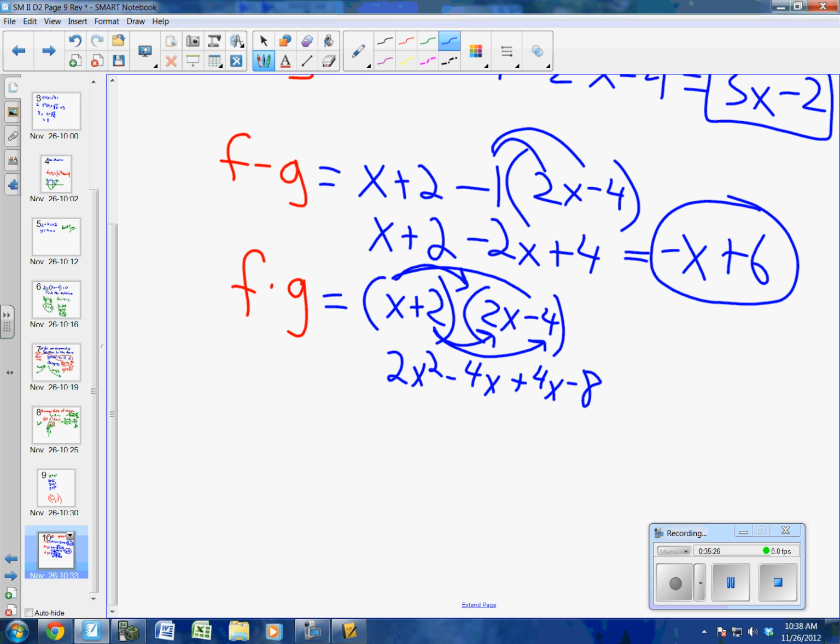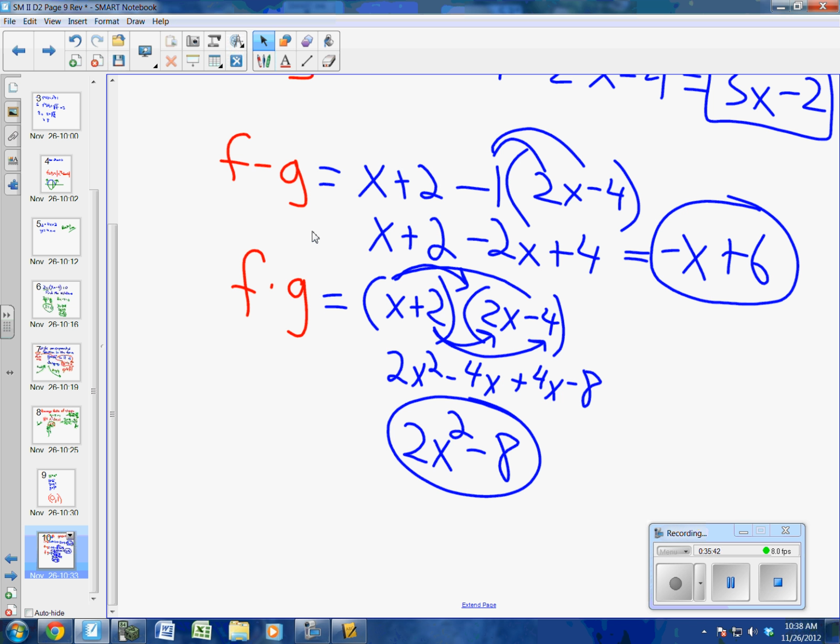Then I combine like terms: 2x squared. Negative 4x plus 4x is what, you guys? 0. Minus the 8, and there is my answer right there. That's f times g. All right, I think that's it for today.